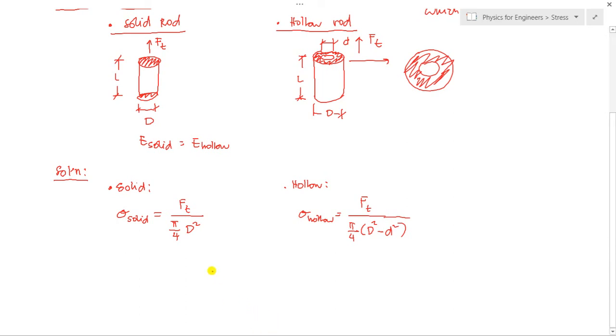But if we are going to assign some values, let's say our tensile force is 2 newtons. Our outside diameter is, let's exaggerate, 1 meter. The inside diameter for the hollow is, let's say, 0.5 meters.